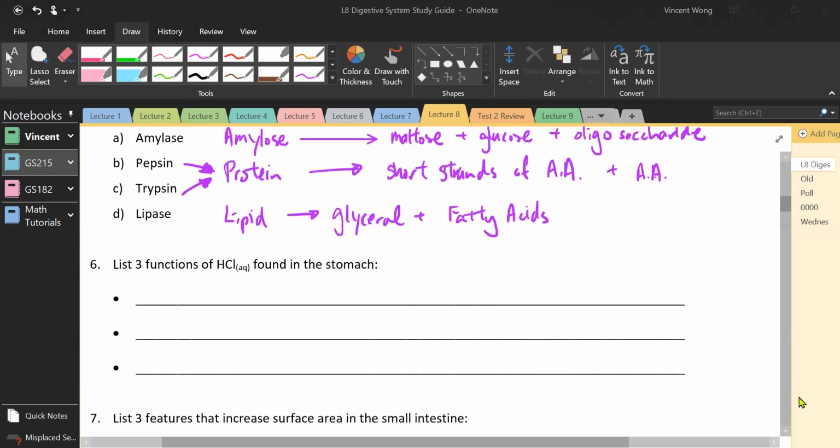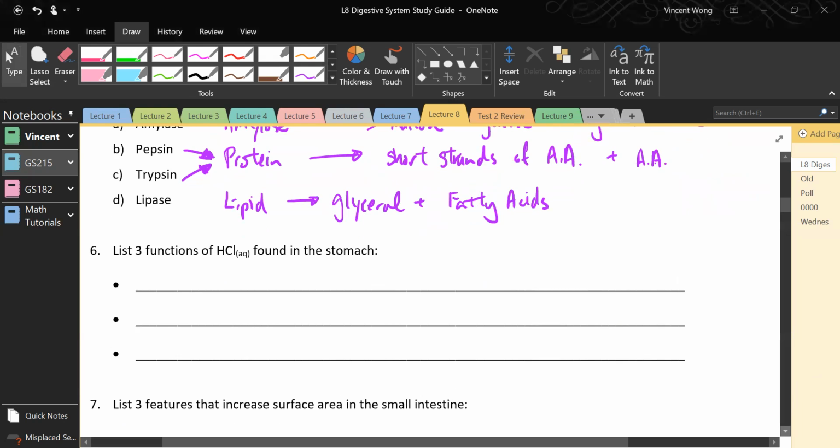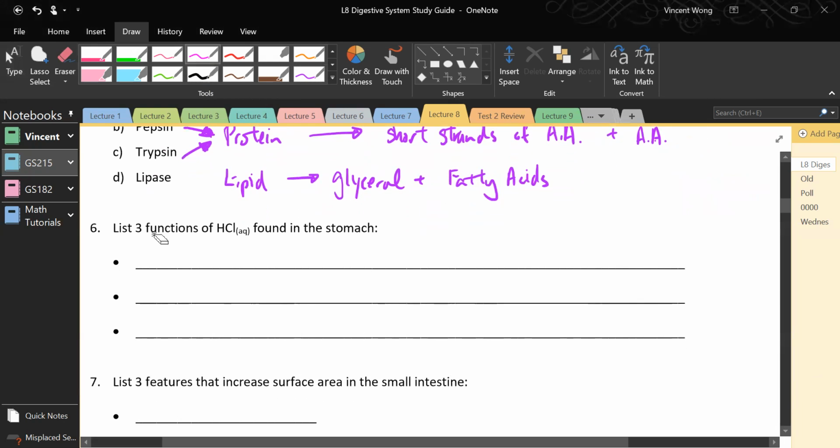All right, moving on. List 3 functions of hydrochloric acid found in the stomach. Well, first of all, it's very, very low in pH, so it's going to denature proteins. Denature means it's going to unfold the proteins, and by unfolding it, it makes it easier for pepsin to break it down.